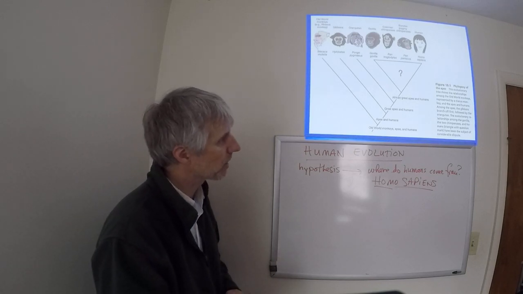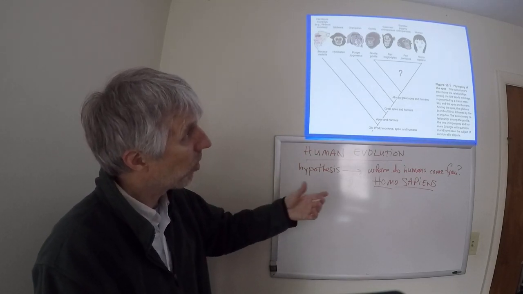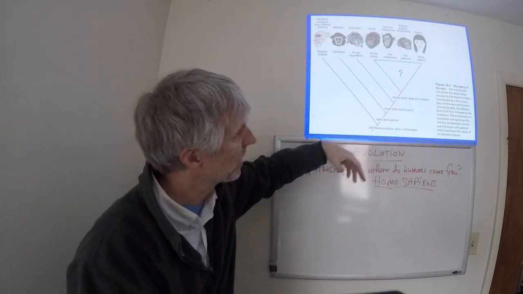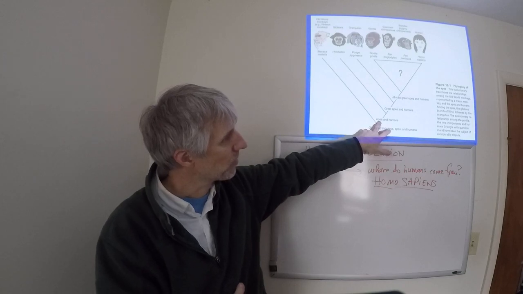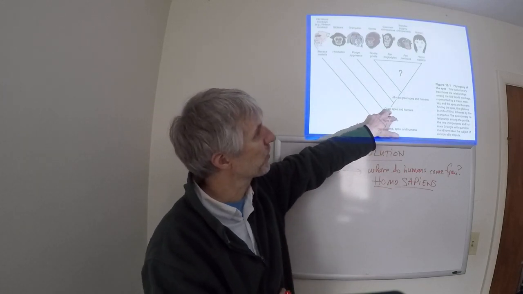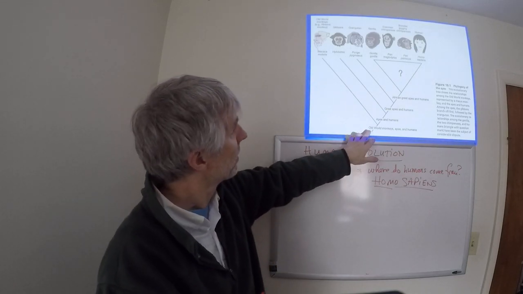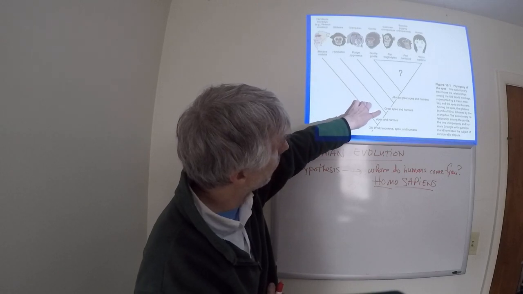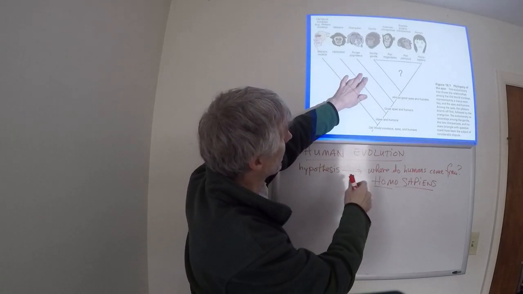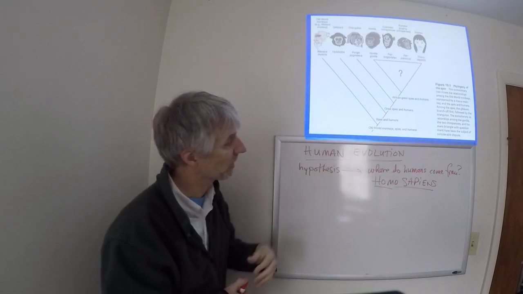So we can generally start with this phylogeny. There's a general agreement among the biologists that the Homo sapiens species is most related to the apes, and more specifically, the African great apes. So here, this would be one of these apes. These would be the great apes, and then these are the African great apes.